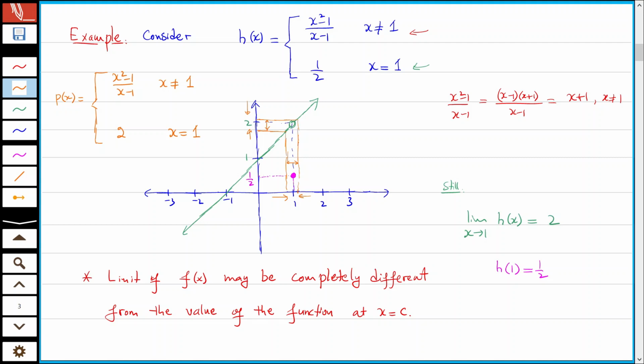Now in this case, limit x approaches 1, p of x equals 2, but p of 1 also happens to be 2. The limit of the function is exactly the same as the value of the function. But it's not necessarily true. Not in all the cases.